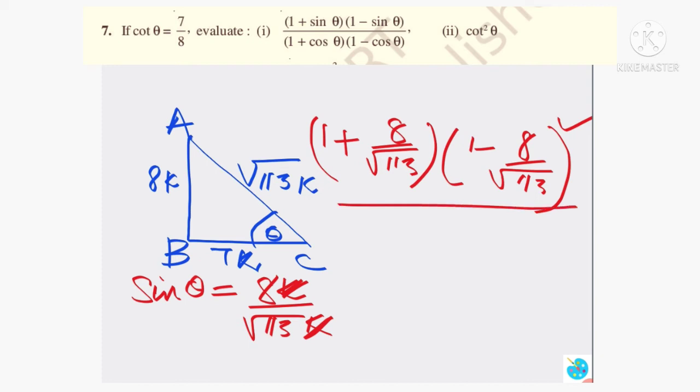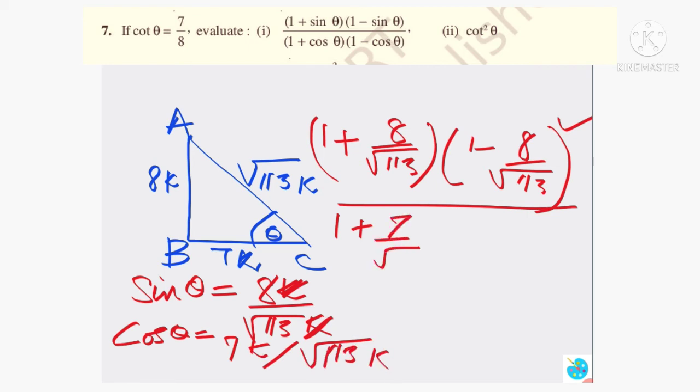Divided by 1 plus cos theta. Now let us write down the value of cos theta. Cos theta is base upon hypotenuse, that is 7k divided by root 113 k, and we get it as 7 by root 113, multiplied by 1 minus cos theta, that is 1 minus 7 by root 113.